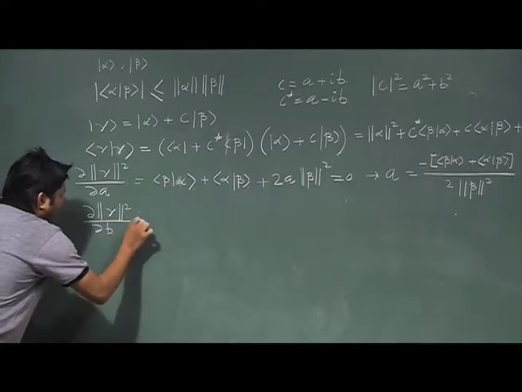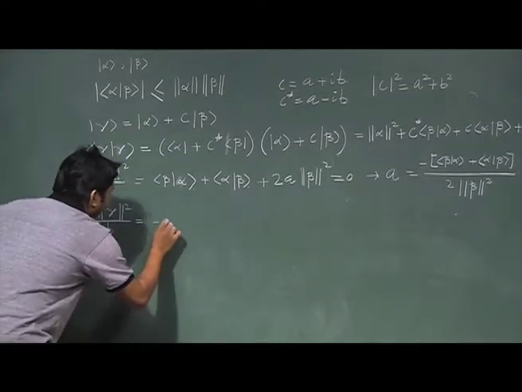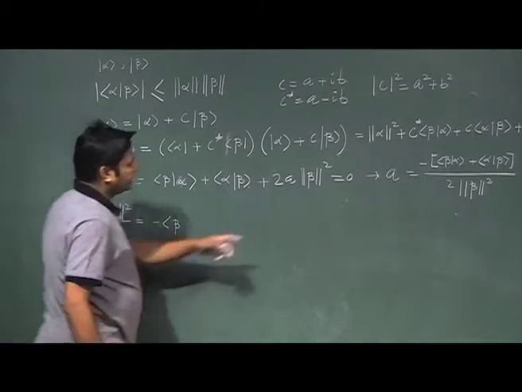If I do that, the first term will be 0, but the second term will have a negative sign because it is a c star.